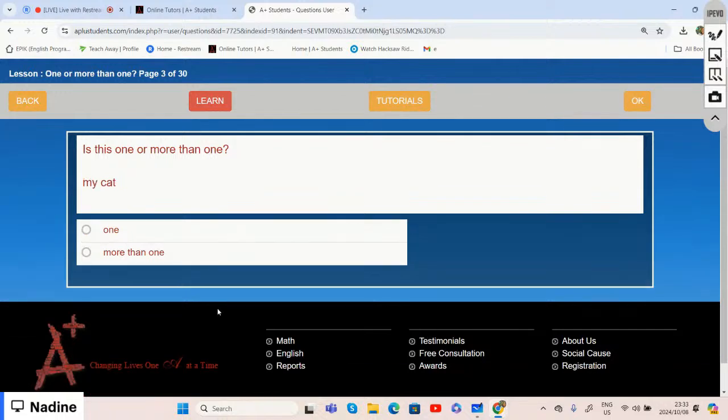All right, only one. If I say it's my cat, am I saying I have more than one cat or I only have one cat? My cat. Is that option one for one cat or option two for more than one cat? Which one is correct? My cat.